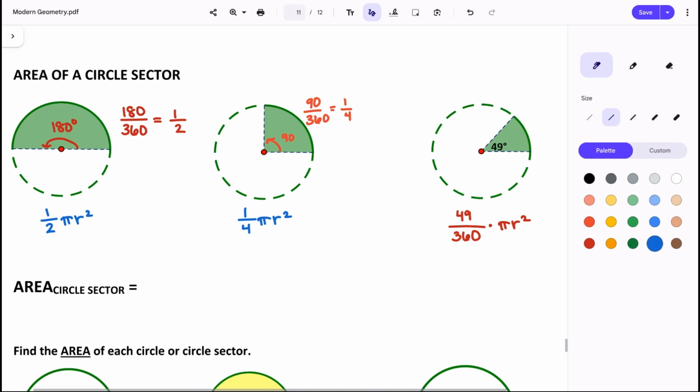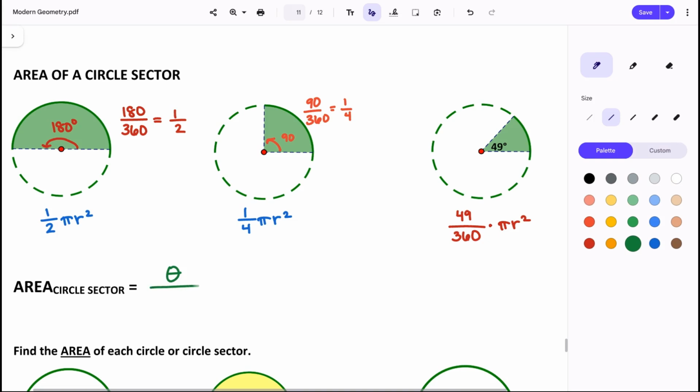We started out by taking our angle divided by 360. What could we use to represent the angle if we don't know what it could possibly be? It could be anything. Yeah, do you remember what that's called? Theta. We could use theta. You could use x if you wanted to represent that angle, but a lot of times when we're talking about an angle, we might see that Greek letter show up again, theta.